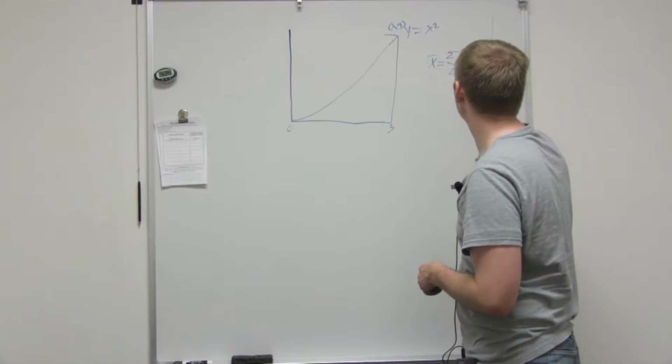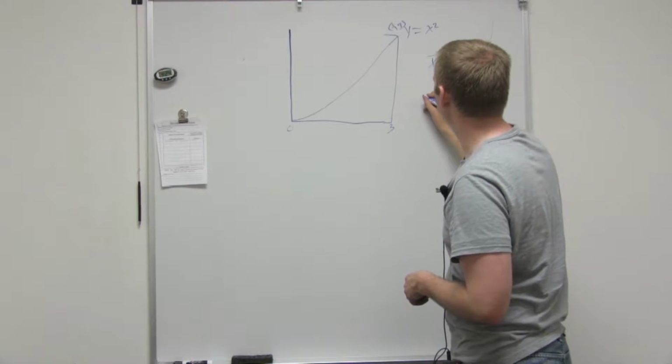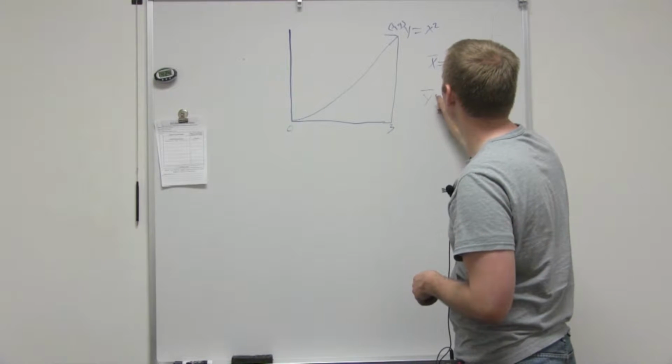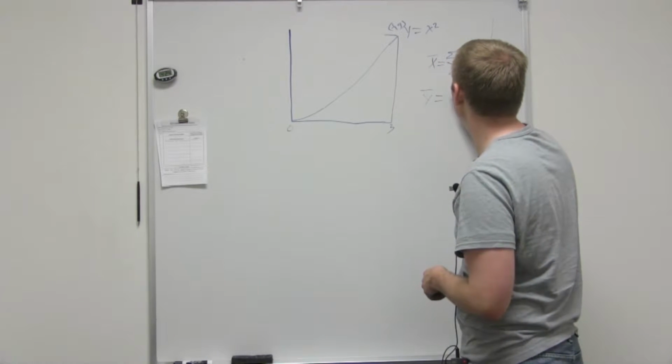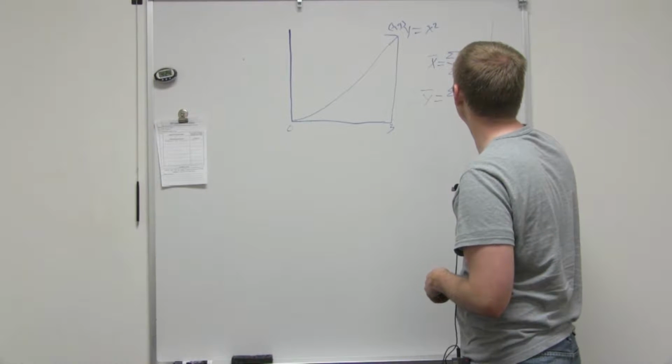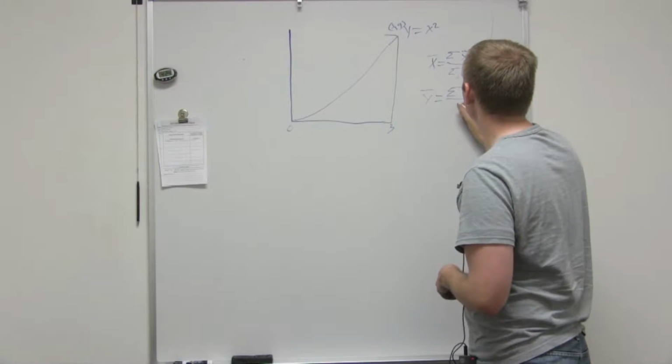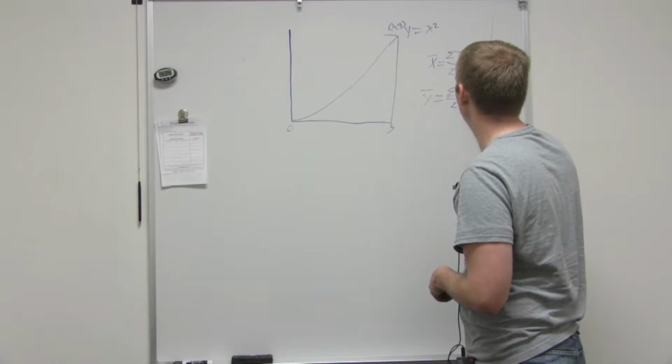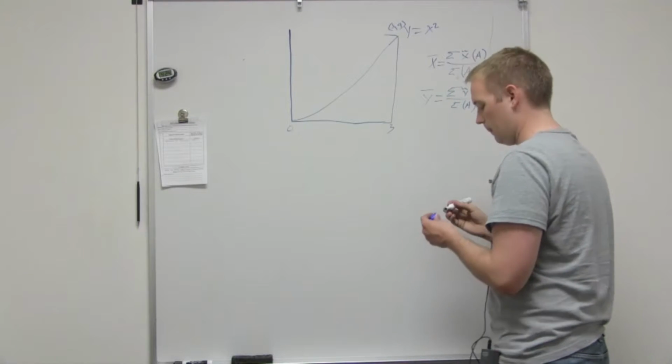And then y bar equals the sum of y tildes times your area divided by the sum of your areas.